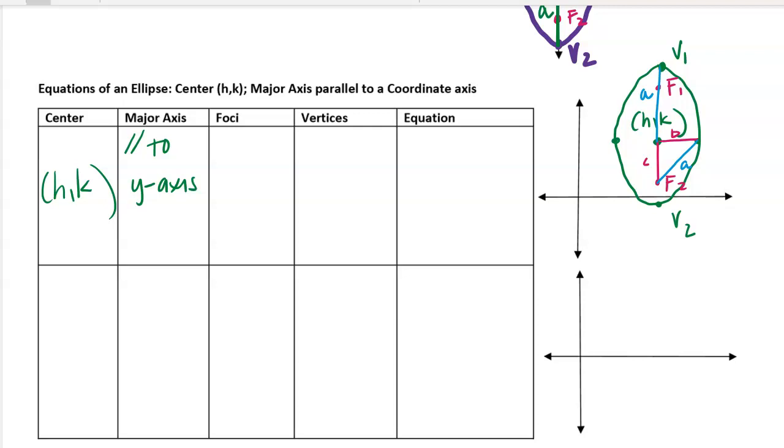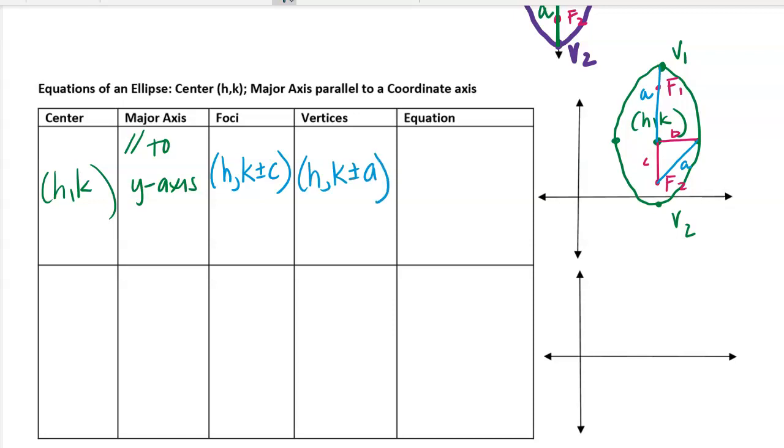Okay, so we're going to write h comma something. Okay, and then k, plus or minus what? For the foci? C. Yep. Perfect. Vertices is exactly the same, except that k will do plus or minus a.